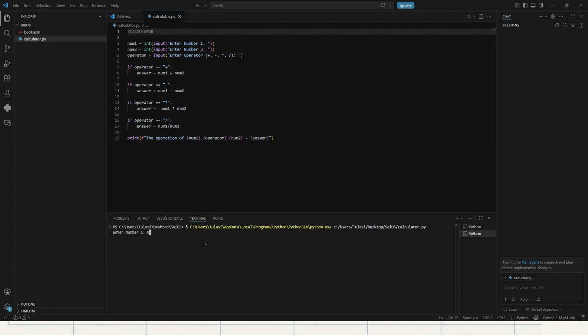So I'll take number 1 as 999, second number as 222. Now I add a plus. Done. So you can use it like this for your calculator.